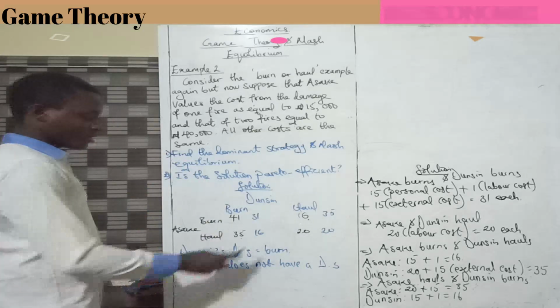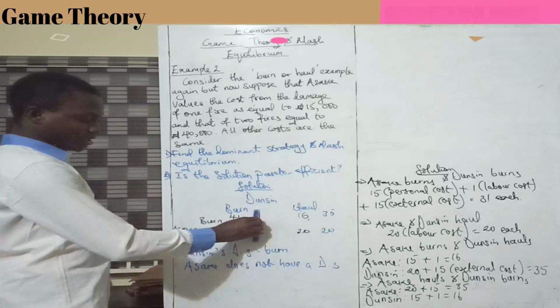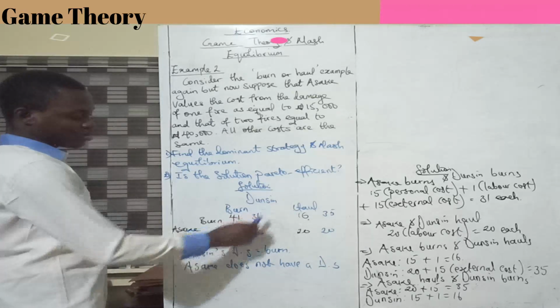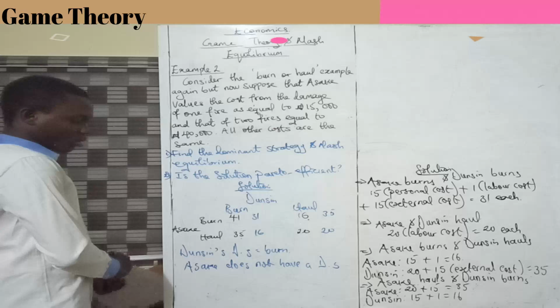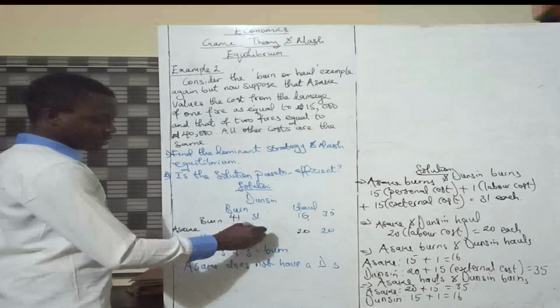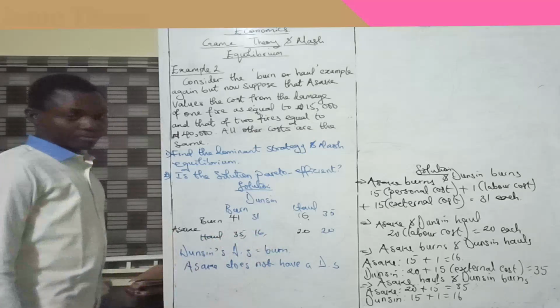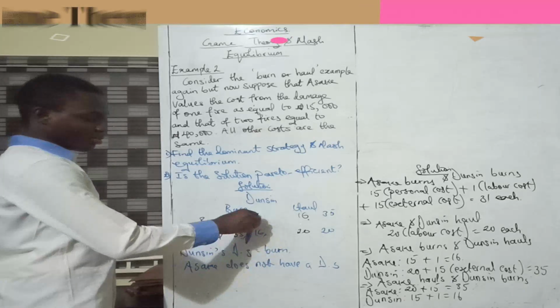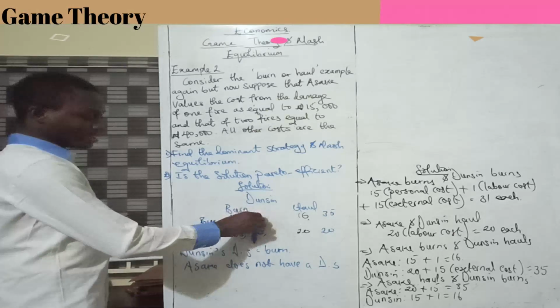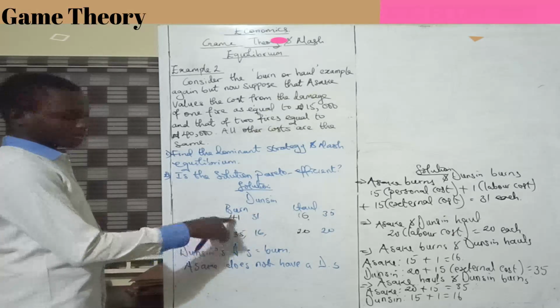That's his dominant strategy. So if Dulce burns, between 41 and 35, what would Ashake pick? Ashake would decide to haul. So if he hauls, it definitely means that the equilibrium is at this position. So if Dulce has decided to burn, between 35 and 41, what should Ashake do? Ashake will haul. 35 is lower than 41.